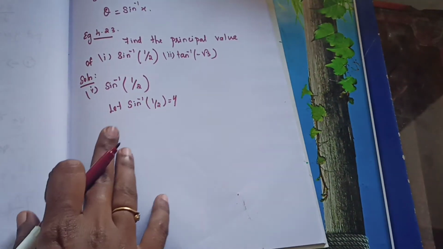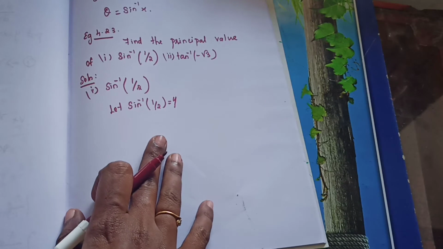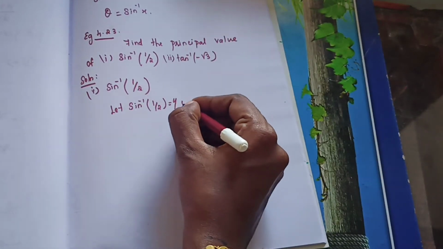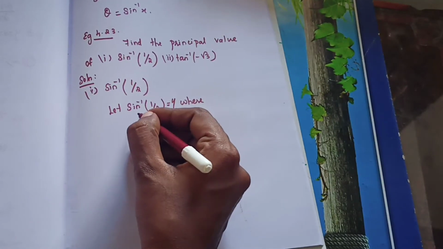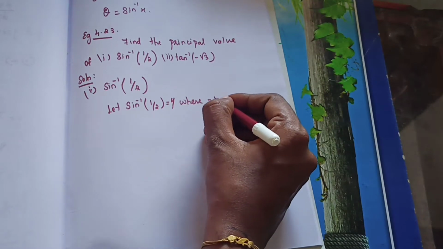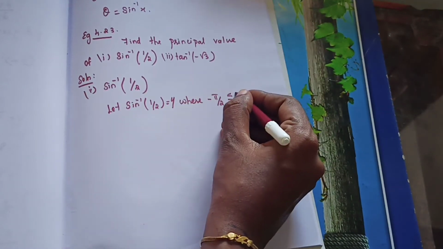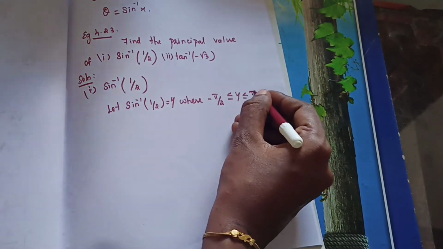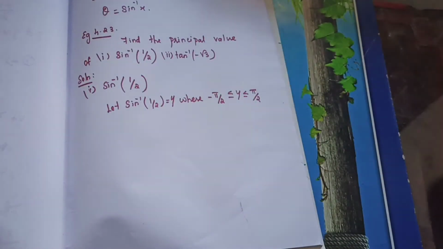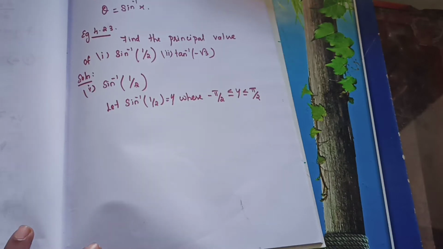The reason is here you need to write the range. So, what's the range for sin inverse? Take down the tabular column and check it. So, minus pi by 2 less than or equal to y less than or equal to pi by 2.